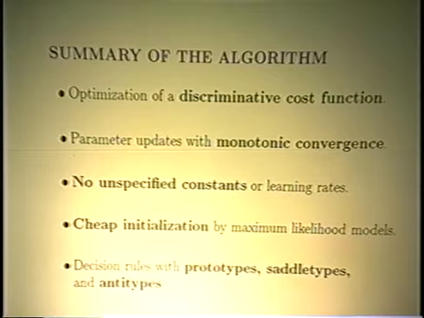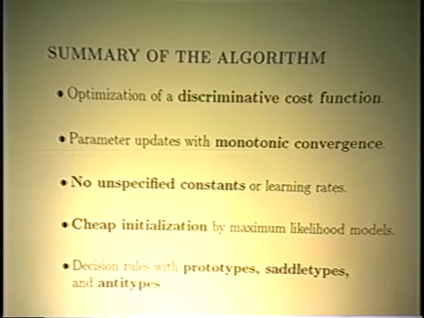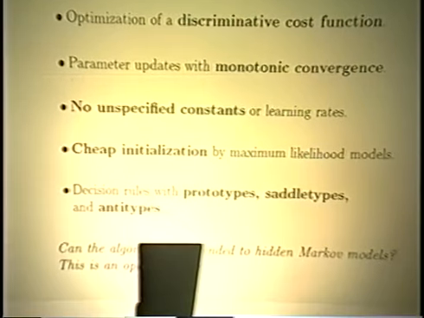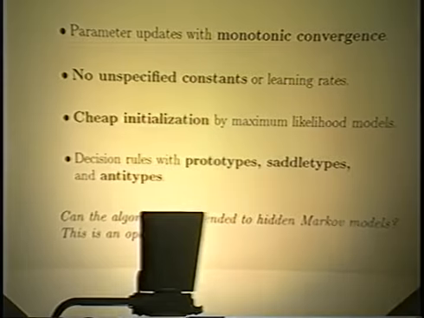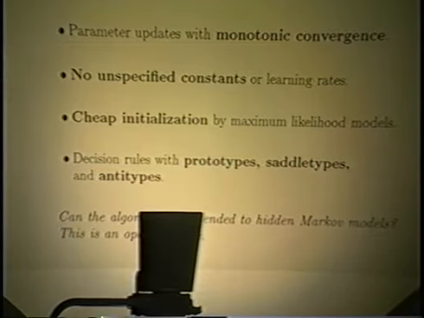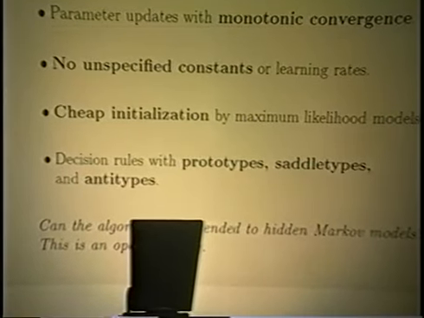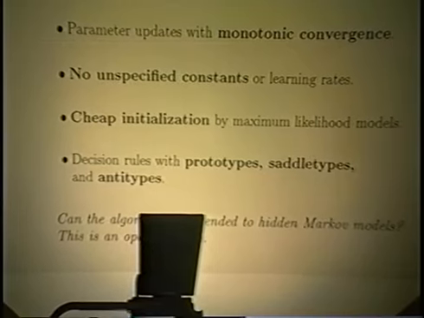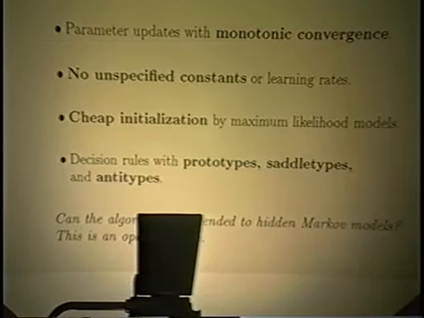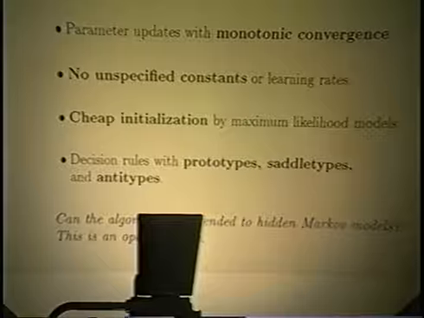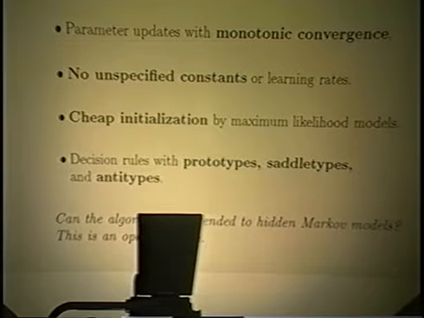It has nice convergence properties. It's easy to initialize. You get these decision rules that exploit not only prototype effects, but these sort of repellent effects from what I call saddle types or anti-types. But the real question is, is there a way to take this algorithm and extend it to HMMs? That's basically an open question. We're still really thinking about that.